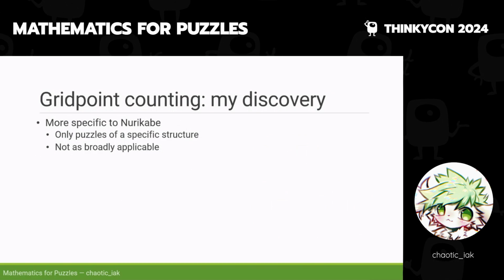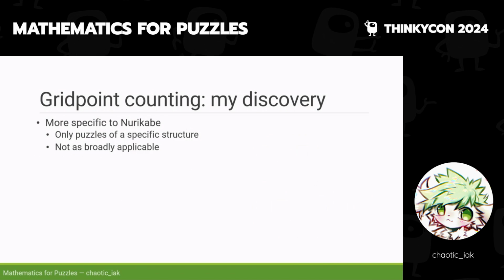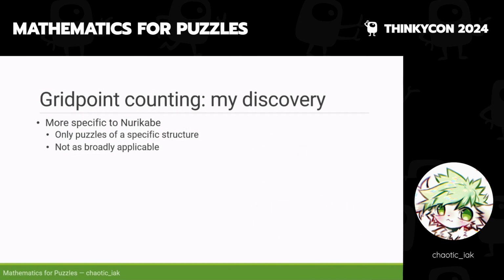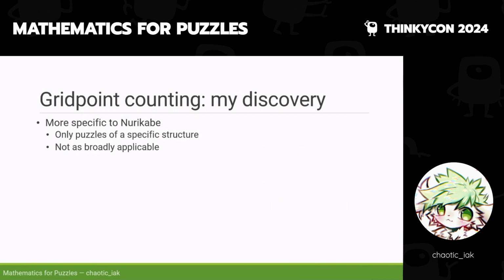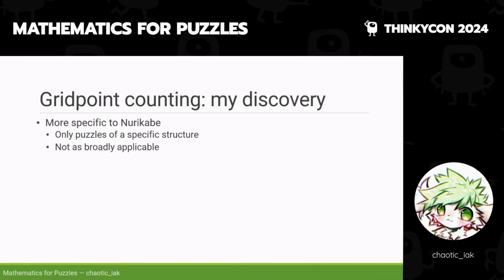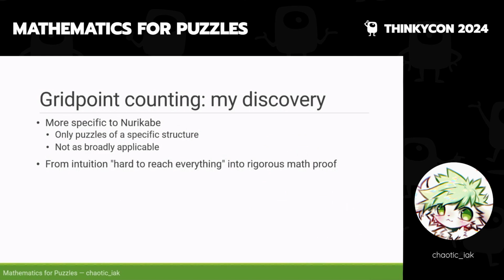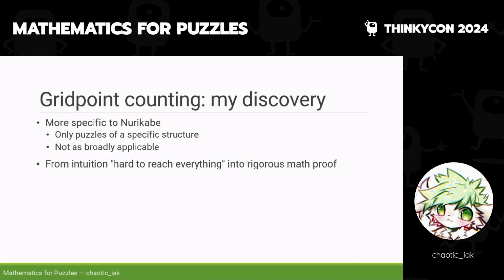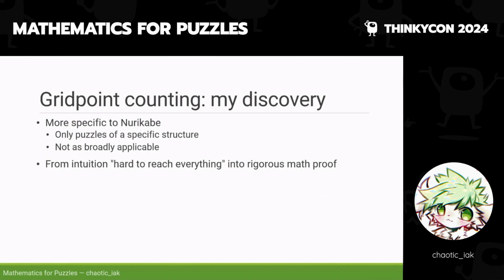It is specific to Norikabe puzzles, unlike Parity that was very broadly useful in all sorts of puzzles. This argument is only for Norikabe puzzles, and even then only for puzzles of a specific structure where the islands feel very small. And the idea behind the argument is that I got the intuition of it's hard to reach everything, and I turned it into a rigorous math proof.